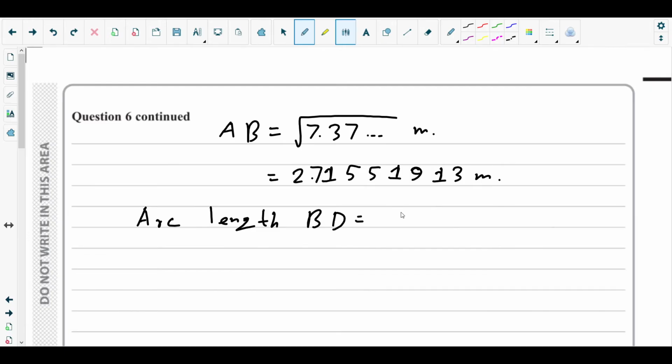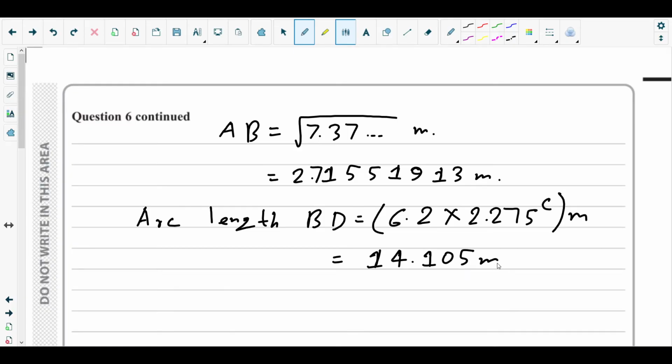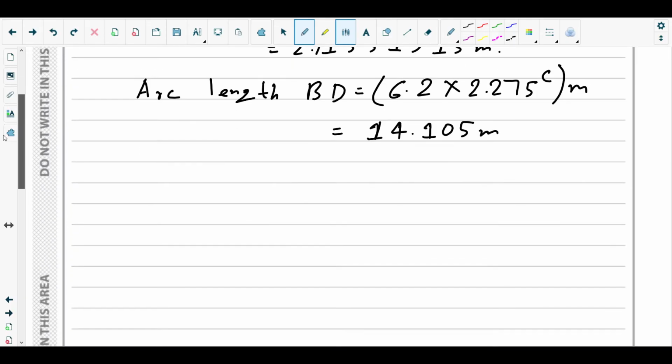So r is 6.2 and theta is how much? 2.275 radians, this is given in the question. So 6.2 times 2.275 radian, you will get 14.105 meter.